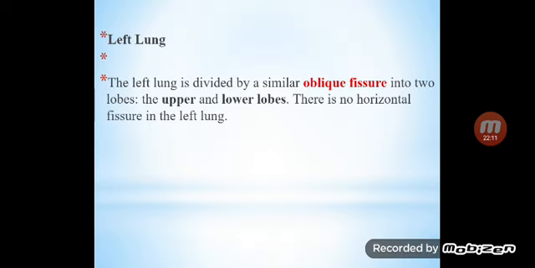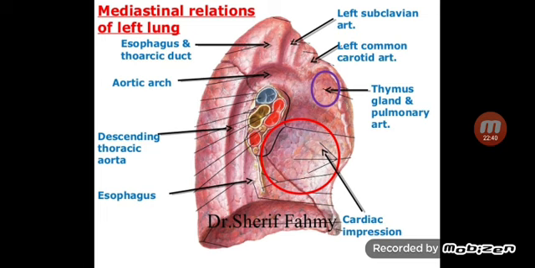So what about the left lung? In the left lung, there is no horizontal fissure. Only one oblique fissure. That's why it is divided only into two lobes, upper and lower. There is no middle lobe here. And what about the relations of the root of the left lung?